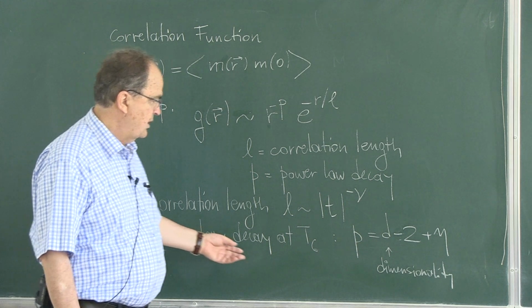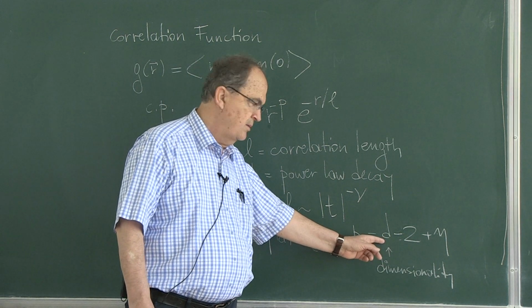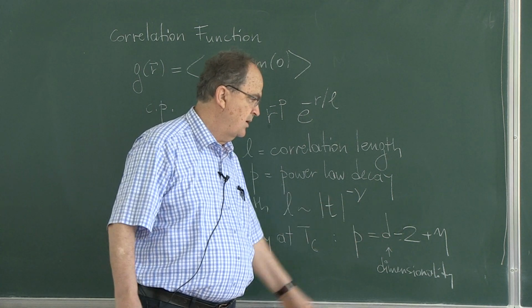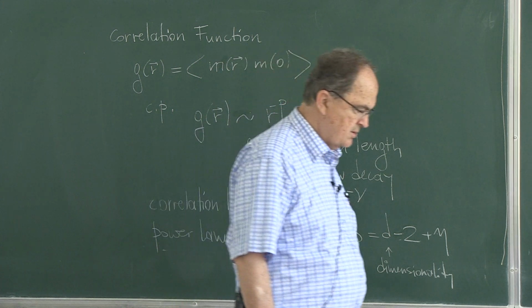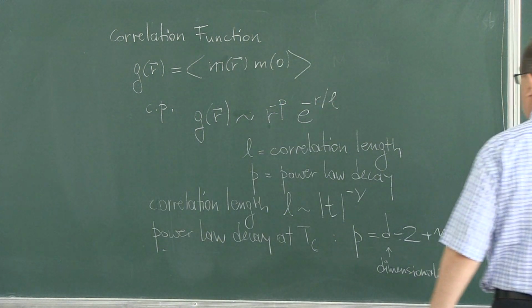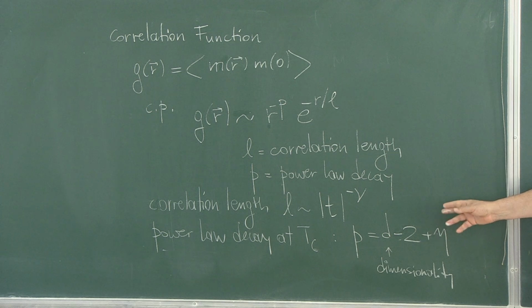and the power law decay depends on the dimensionality of the system, D minus 2 plus eta. Eta is another critical exponent. So it is like R to the minus P, R to the minus (D minus 2 plus eta).